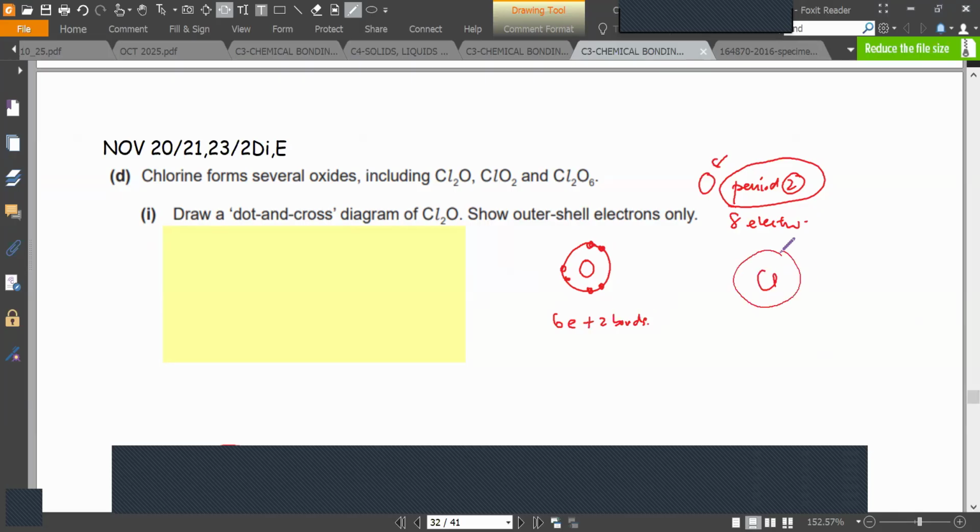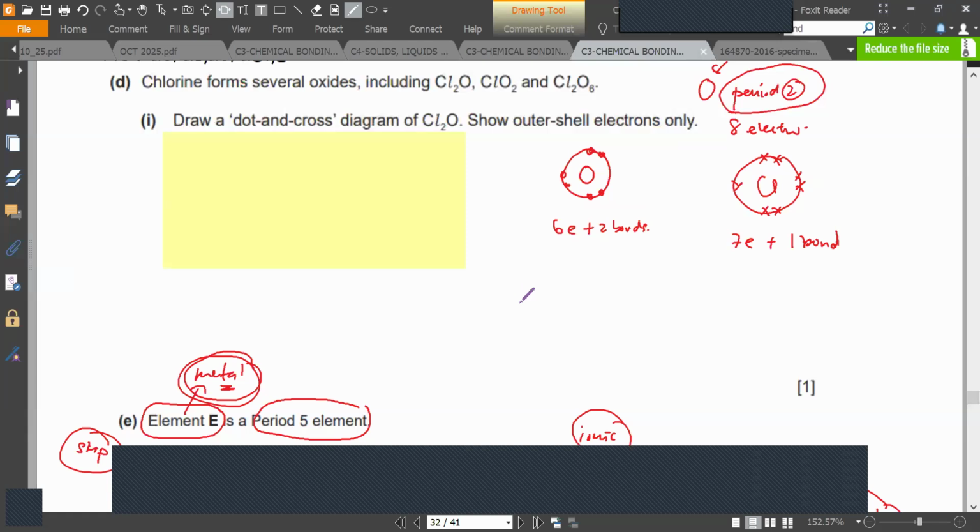Chlorine has 7 outer electrons, so it forms 1 bond only. How it works: we have the oxygen, 1, 2, 3, 4, 5, 6, forming 2 bonds.